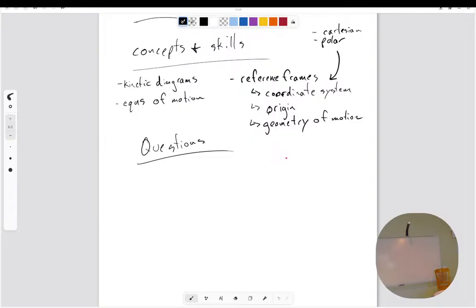So even if it doesn't change, it's a big deal.